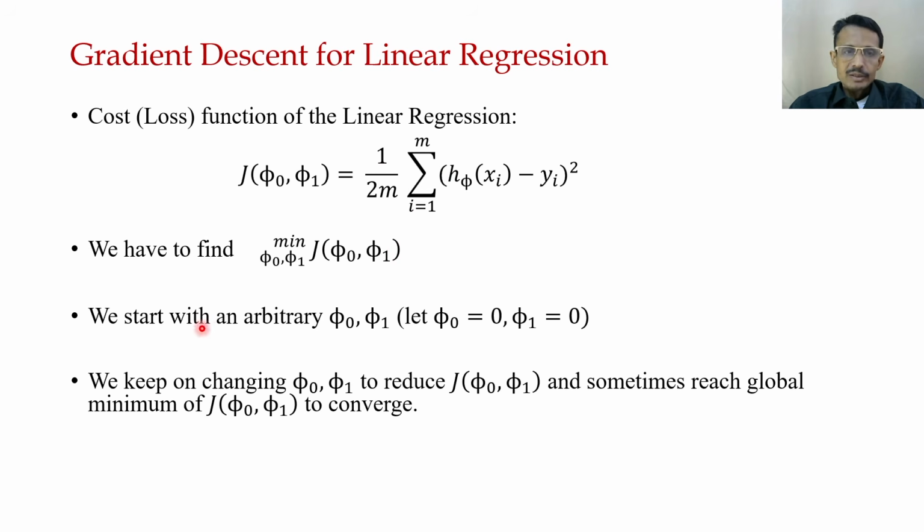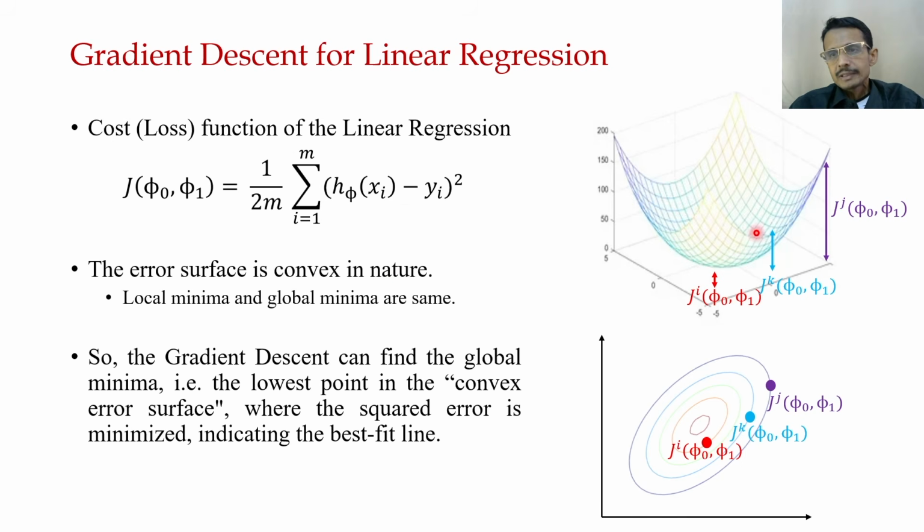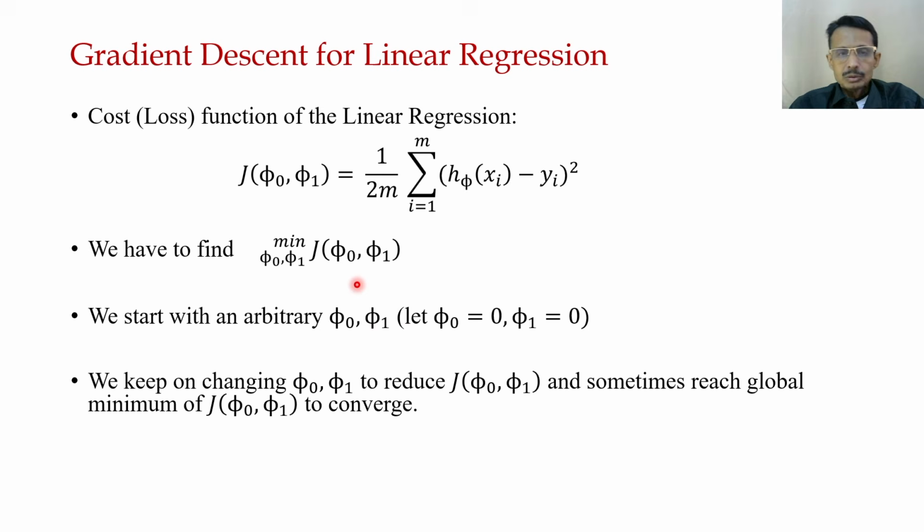Okay, so we start from any arbitrary point here. We can start from anywhere, and slowly we come to the global minima. So let's say phi 0 is equal to 0, phi 1 maybe, and we keep on changing phi 0, phi 1 to reduce this function J of phi 0, phi 1, until it reaches the global minima.